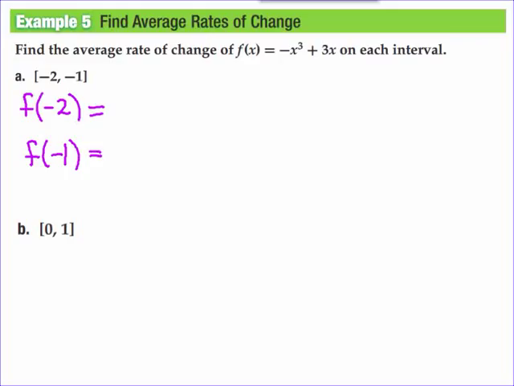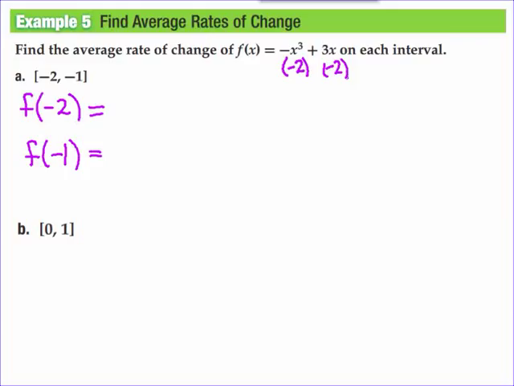So I'm going to plug in negative 2 here for x. Negative 2 cubed is negative 2 times negative 2 times negative 2, which is negative 8. The negative of negative 8 is positive 8.